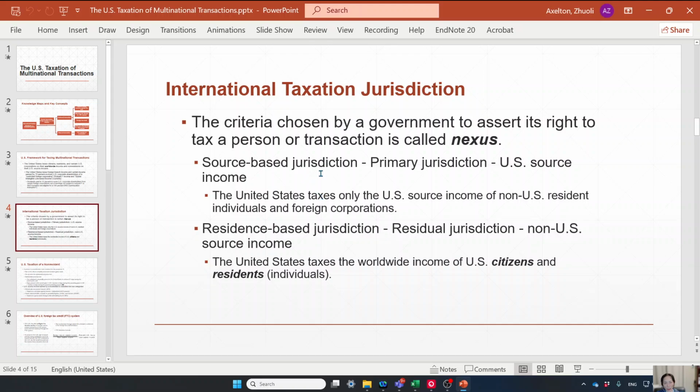The U.S. can tax anybody's U.S. source income, no matter whether they're a resident or not, and on the other side it taxes the worldwide income of U.S. citizens and residents. So for the U.S., there are really two: source-based jurisdiction as well as residence-based jurisdiction, which establish the international tax jurisdictions for any potential taxpayers.